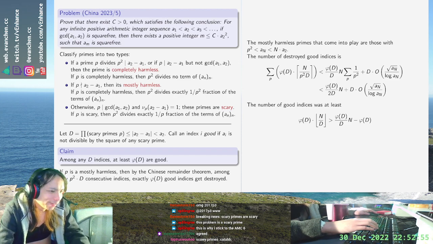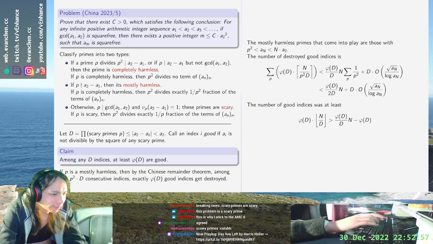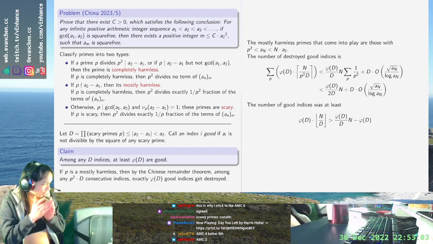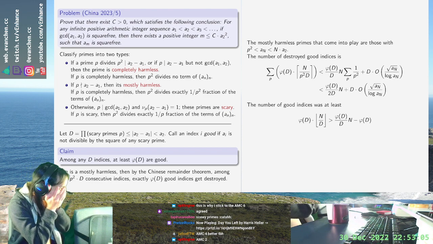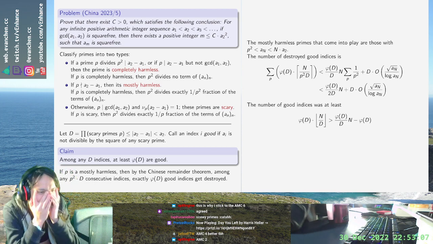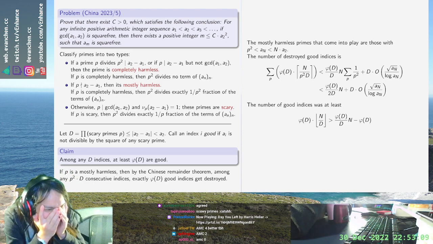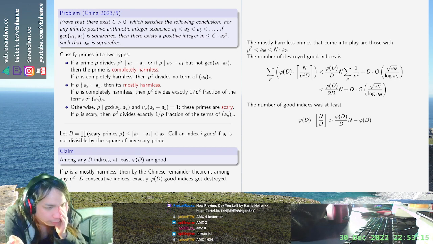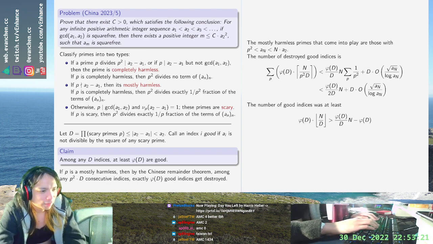Yeah, I'm really good at this. No, wait. No, hang on. I need a bound on the number of destroyed things, and then every good index got destroyed. Hang on. Which way do these signs go?